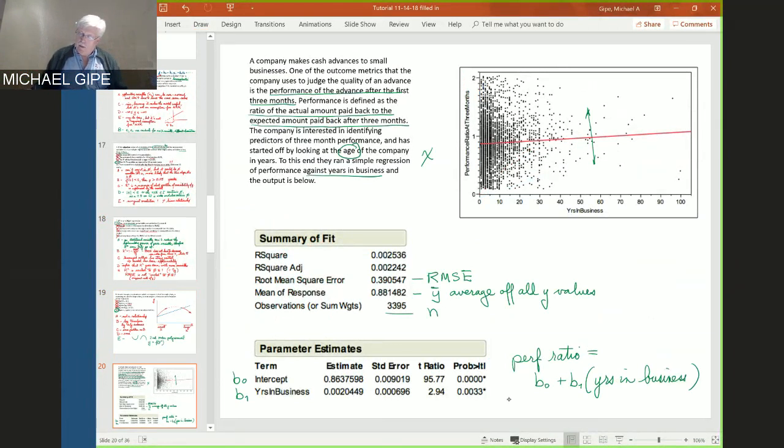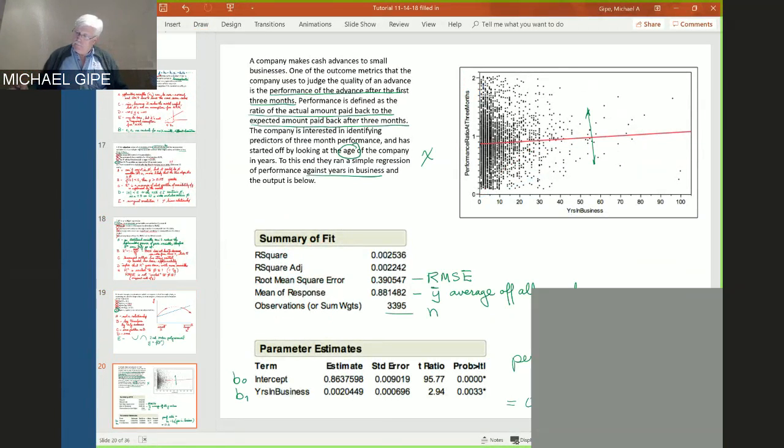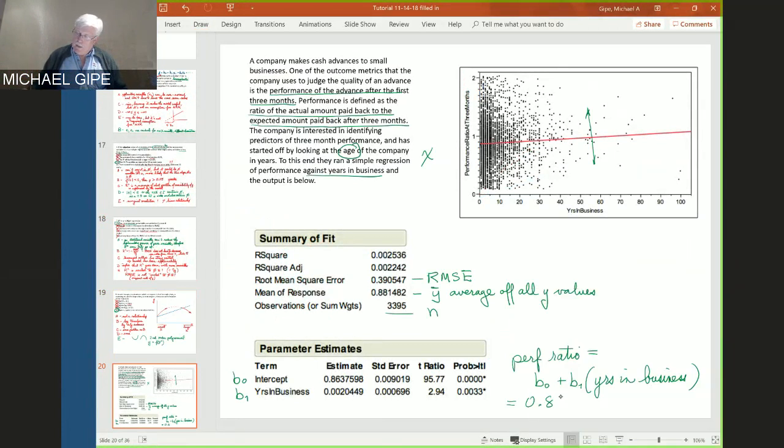And so it's going to equal, in this case, 0.868637, and I'll round it up to 6, plus 0.002 times years. That's what the model is. That's what that table is telling us.